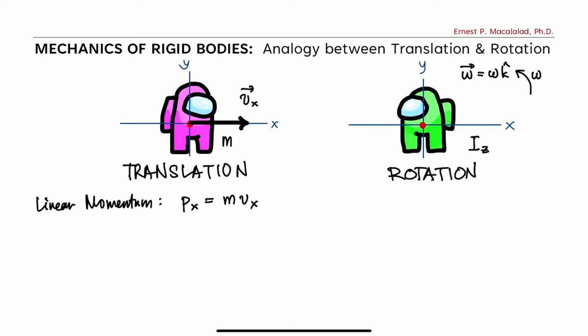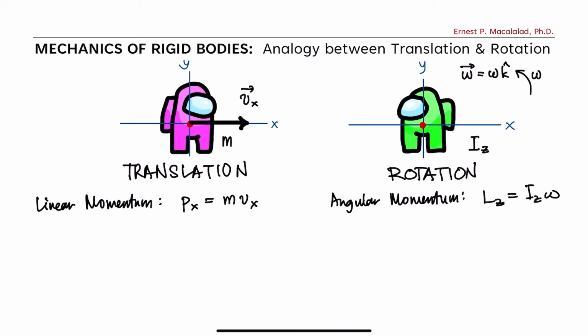Here we're doing away with the vector quantities because the motion for translation is along one direction. Now for rotation, the momentum associated with rotation is called the angular momentum, and this is expressed as L_z equals I_z omega, as discussed previously.